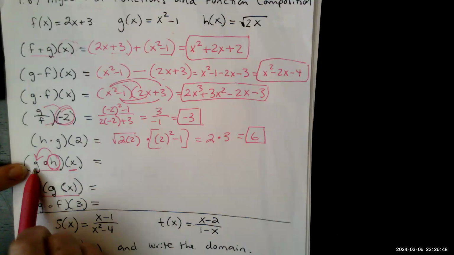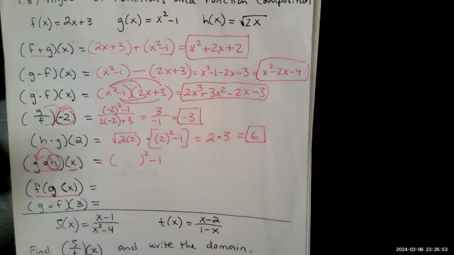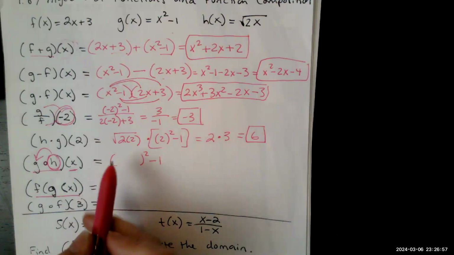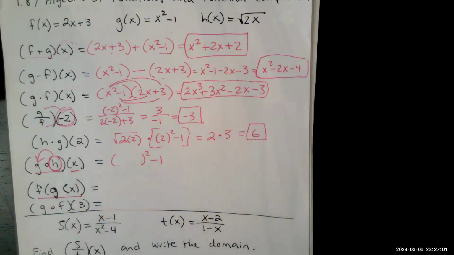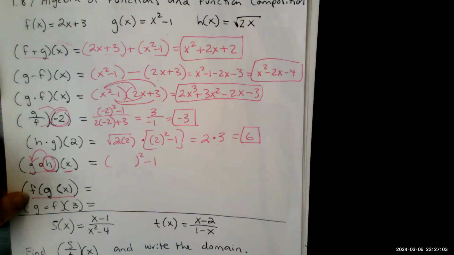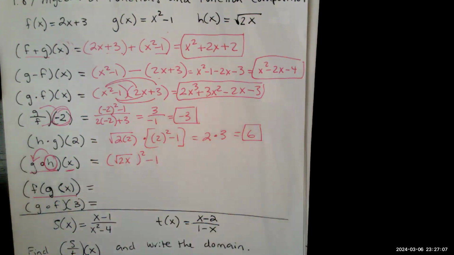So since g is x squared minus 1, I'm going to write it like that. So instead of the x, I'm leaving a big old blank so that I can now put in whatever function I want to, which in this case is the H. So now this is me putting the H function inside the G function.